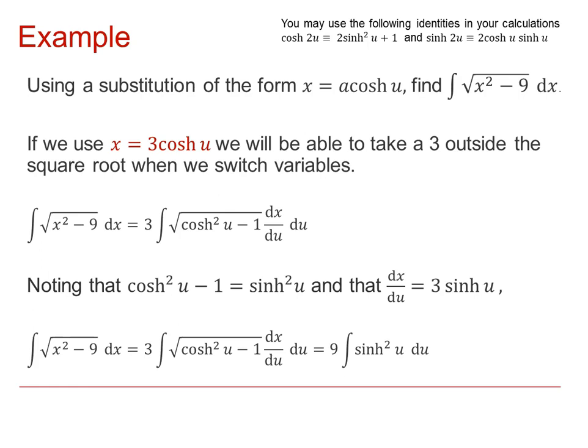We've got x squared minus 9, so recognizing the fact that if we make the substitution 3 cos u, that will give us a factor of 9, which we can take outside the integral, and the square root becomes 3, leaving us with cos squared u minus 1, which we can change by the substitution to sine squared u, and dx by du is 3 sine u. So we end up with this to integrate with respect to u: sine squared u.